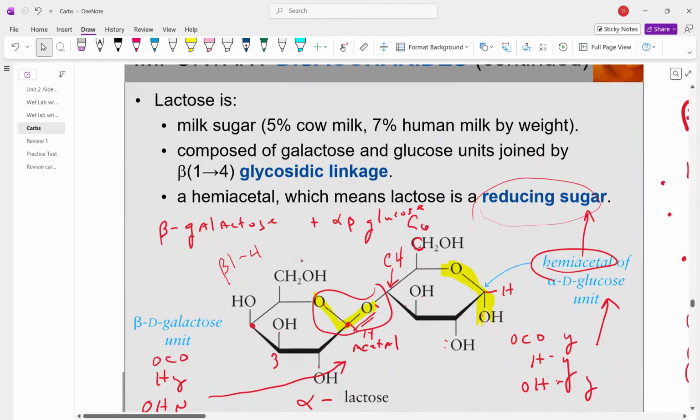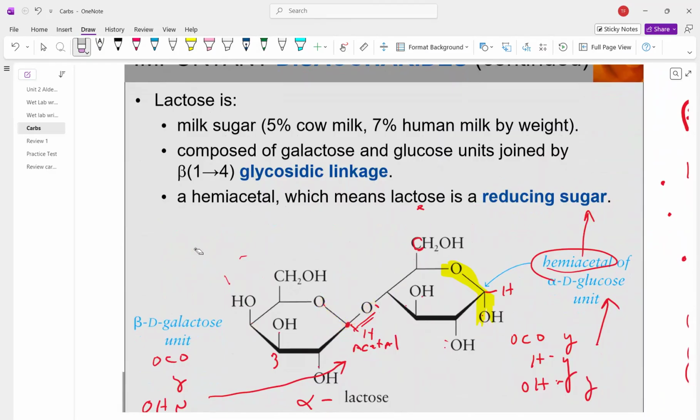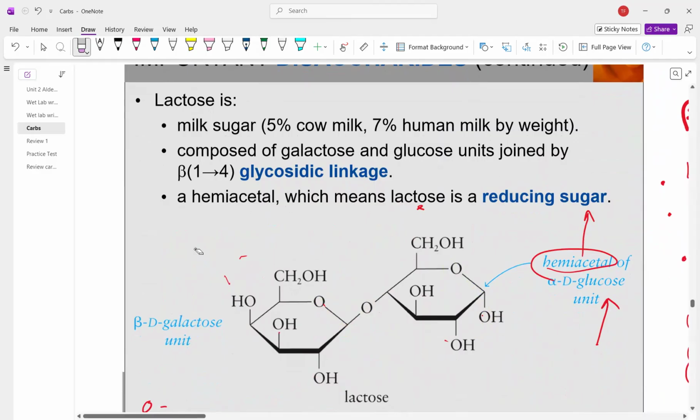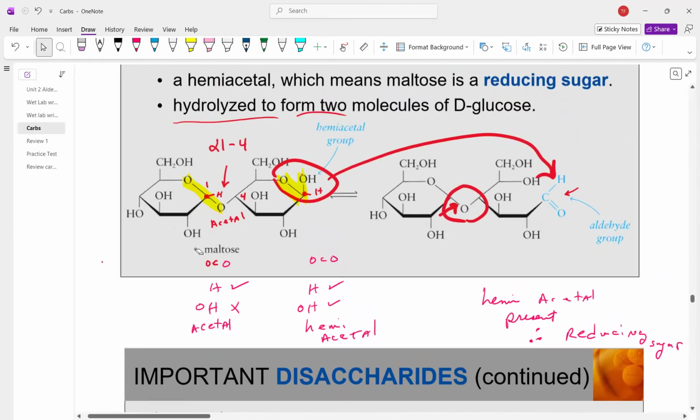Lactose. By the way, when you name this maltose, you have to say whether it's alpha or beta.